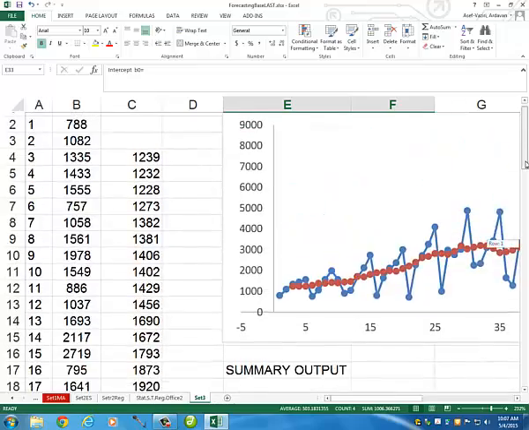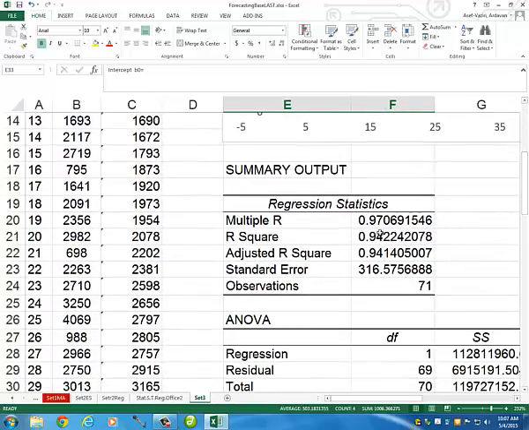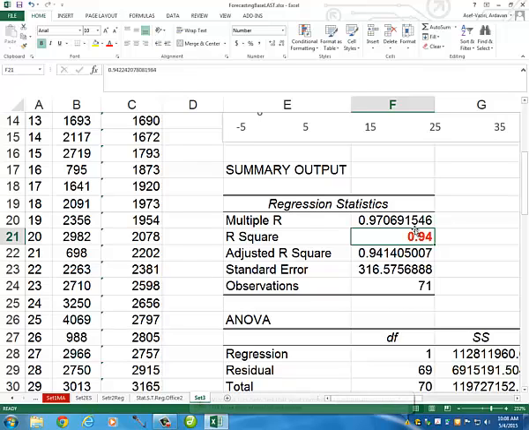One other important number for us is R square, or adjusted R square. Right now let's just talk about R square, and it is here. I mark it and make it red. We want it to be as big as possible, and big means close to 1, because R square is between 0 and 1. The closer to 1, the better. 0.9, 0.94, 0.8 are good numbers.